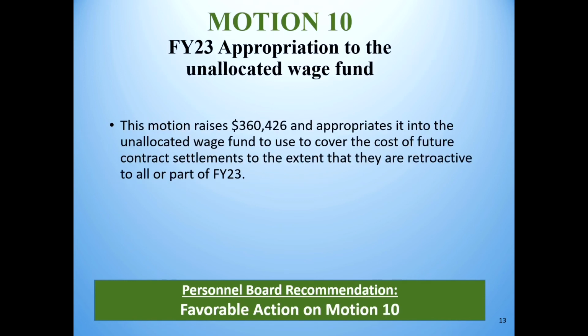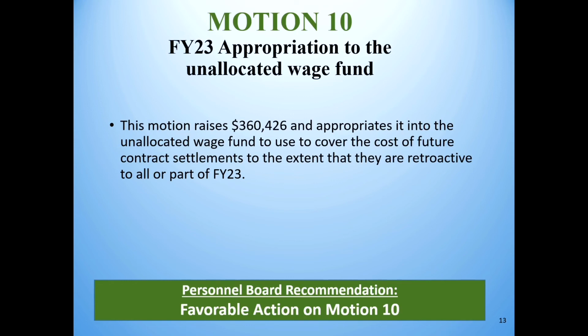And then finally, there are a number of contracts which have not been settled. They will presumably, once they are settled, have an effect on the FY23 budget, since all the contracts will come to an end at the end of FY22.